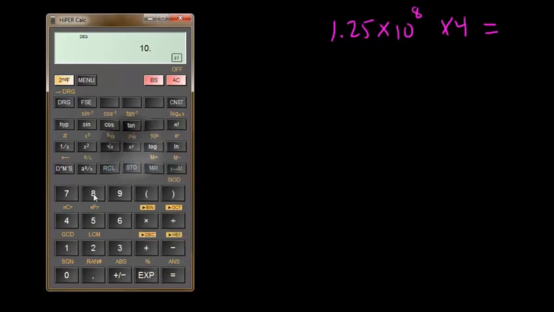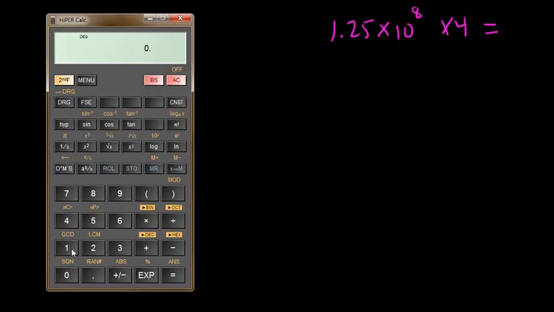That's the power of 8. Okay, and this gives us 1.25 times 10 to the 8th. Take this times 4, and this tells us the answer to this problem is, in this case, 500 million, or 5 times 10 to the 8th. But there's a much easier way to do this.